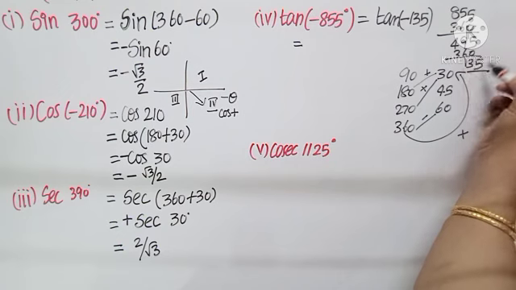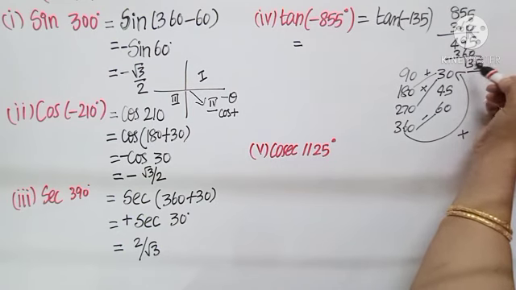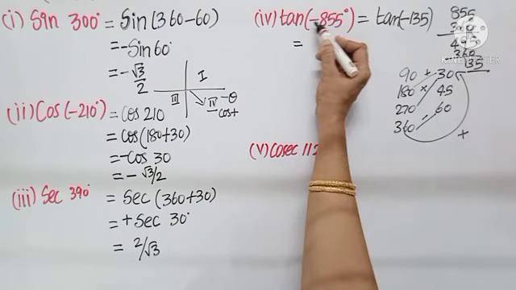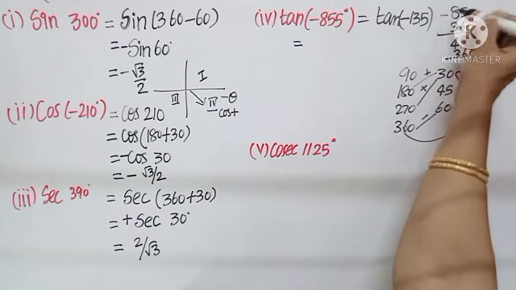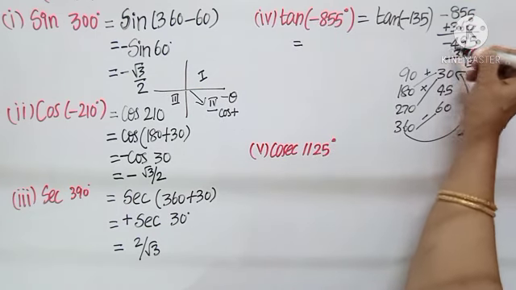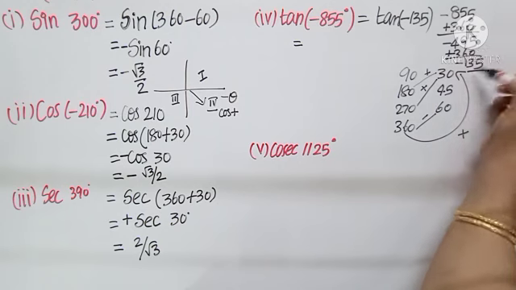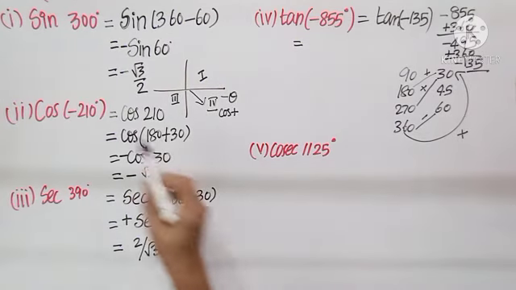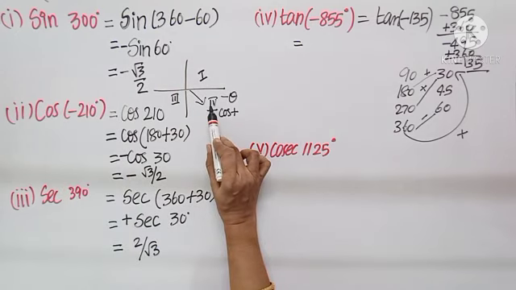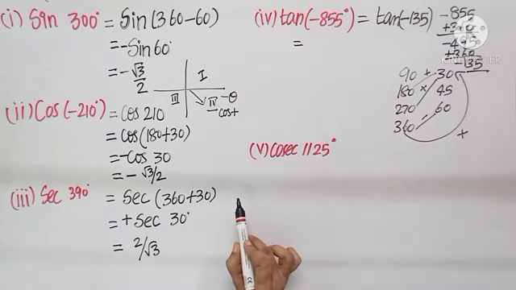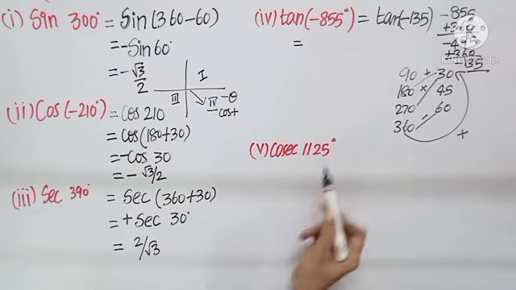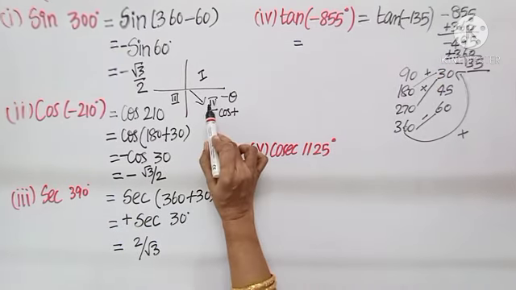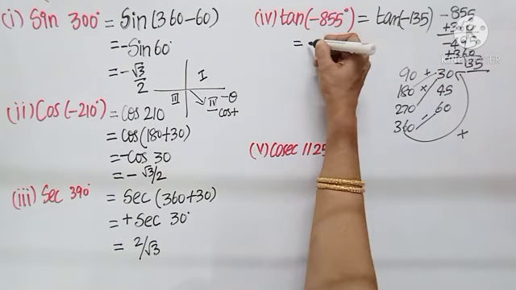I have 135. Why should I put minus symbol? Because this is minus. Each time I subtract 360, I get minus 135. When I said minus comes, it is in fourth quadrant. Cos is positive. Again here minus is coming. But fourth quadrant tan is negative.